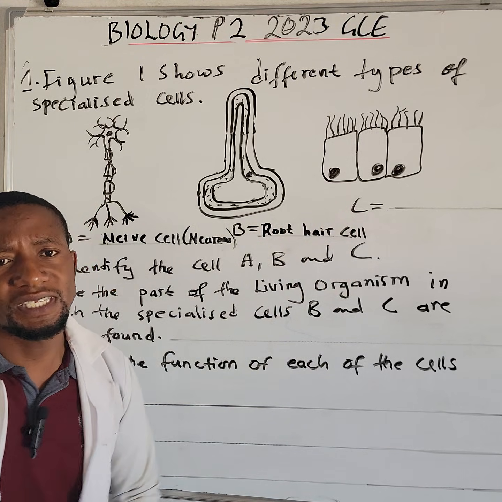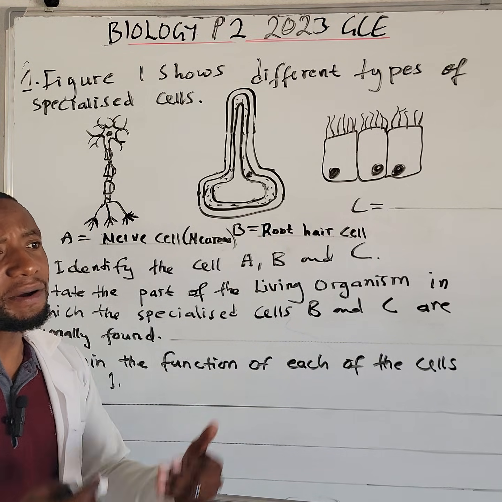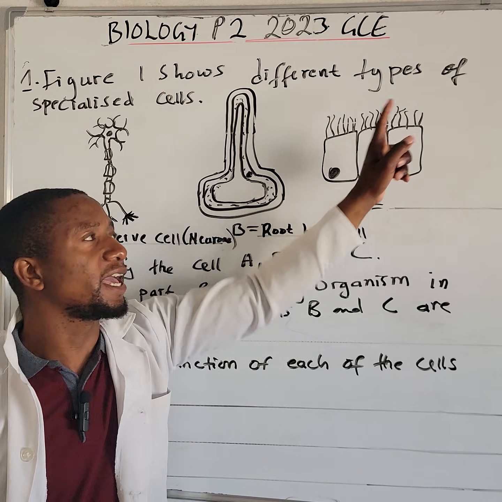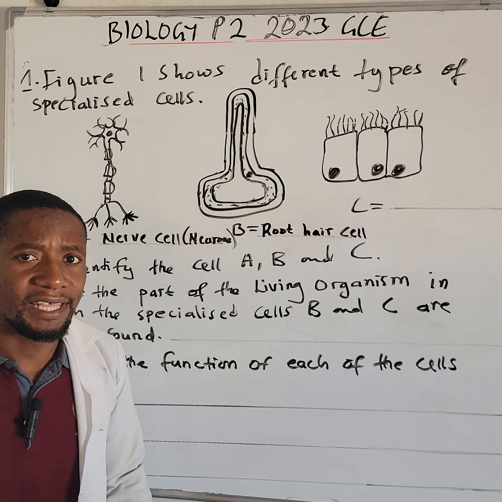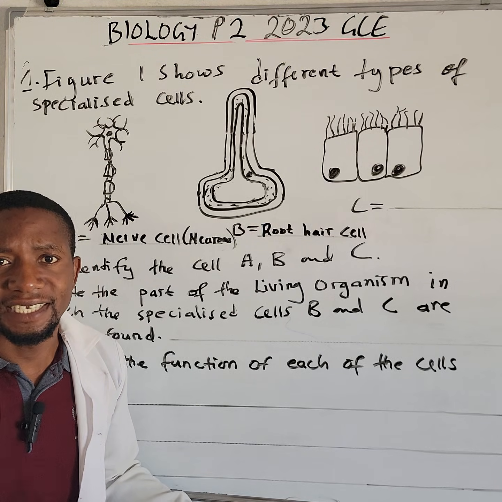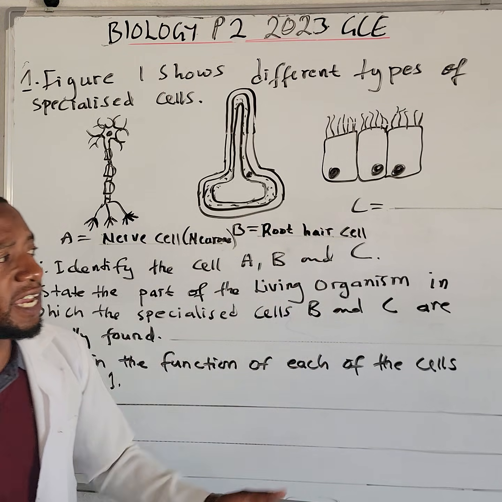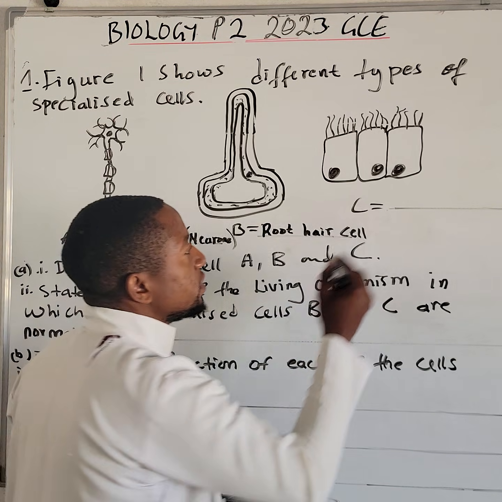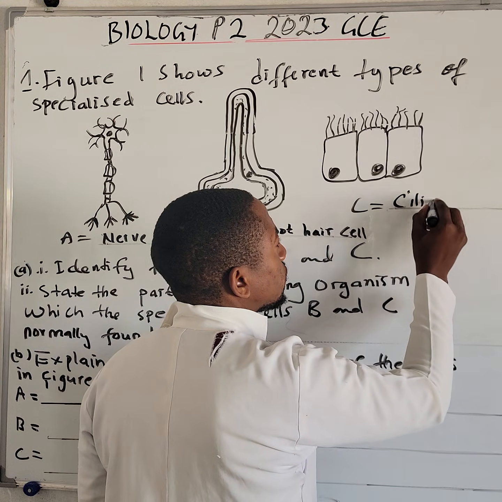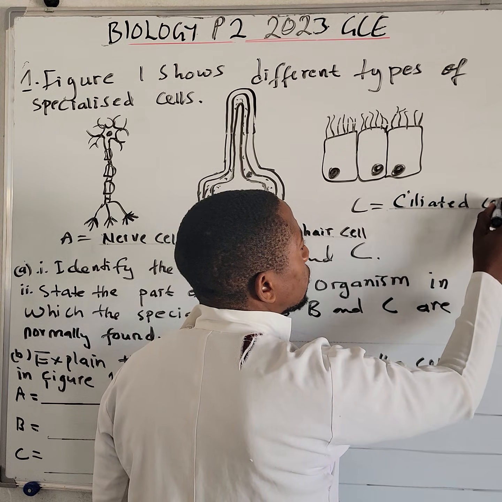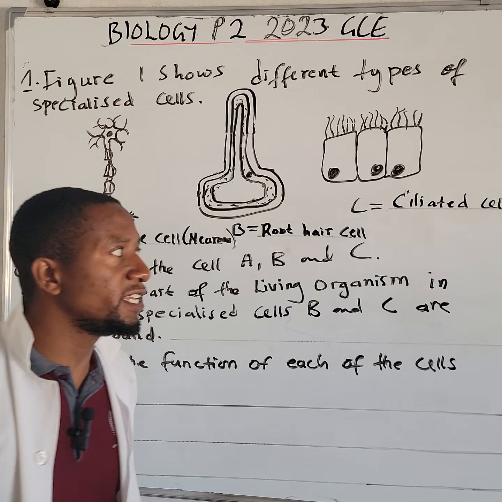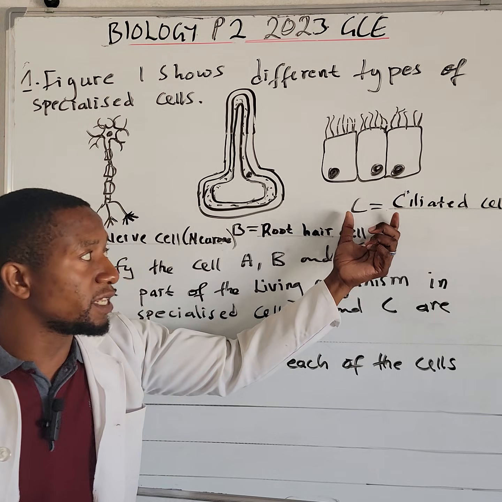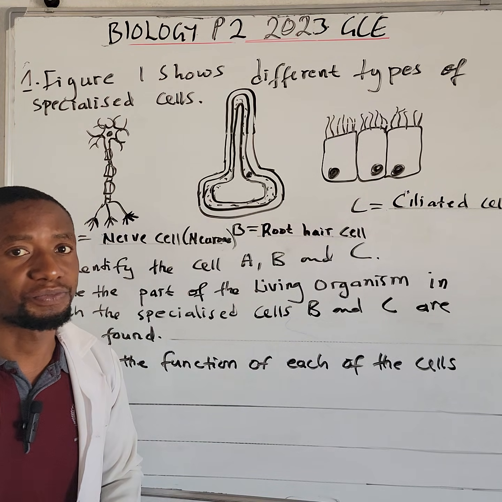Right. We have cell C. How can we identify cell C? By just looking at these hair-like structures, which we call cilia. So this is called a ciliated epithelial cell or ciliated cell. These also have a specific function.